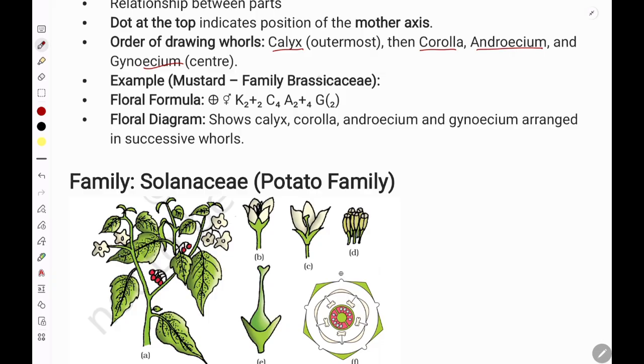Now there is an example of the Brassicaceae family. From this you can easily tell what kind of flower it is. This is an actinomorphic flower with both sexes, male and female. It has four non-fused sepals and four petals which are also not fused together.